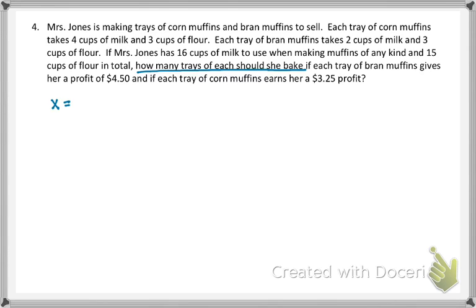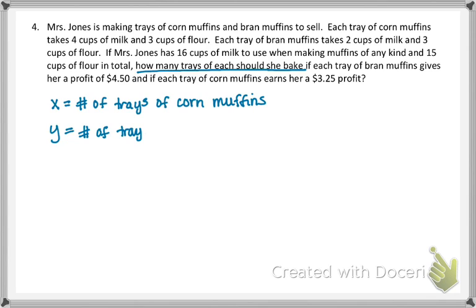So X is going to represent the number of trays of corn muffins. And Y is going to represent the number of trays of bran muffins.